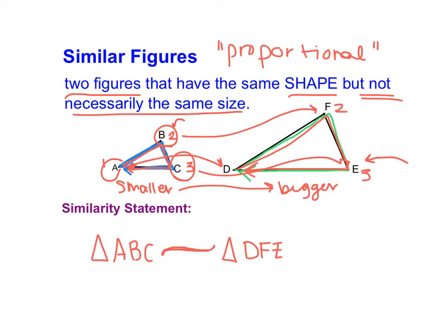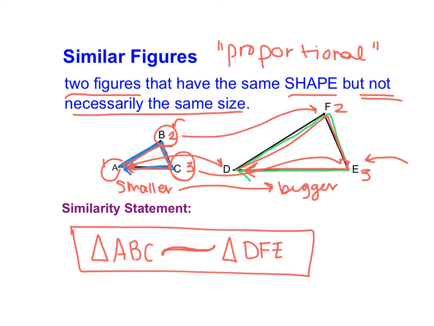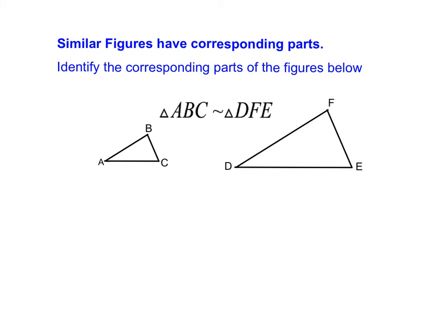If you've taken Spanish class, you've probably seen these before. And here we have our similarity statement, stating that these two shapes are proportional versions of the same triangle.